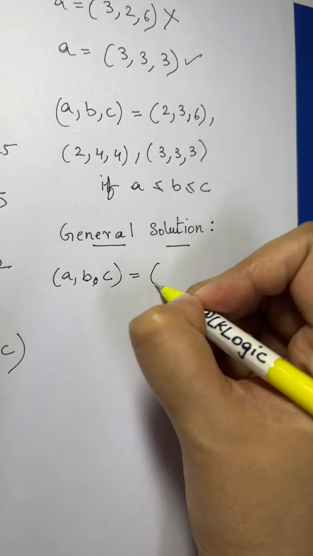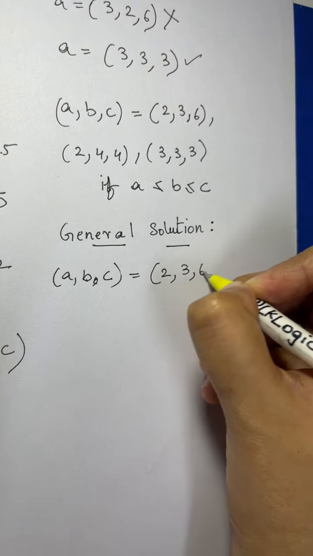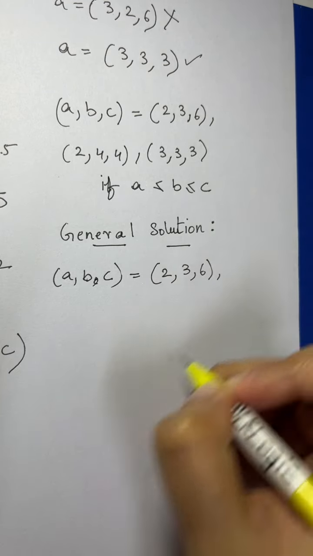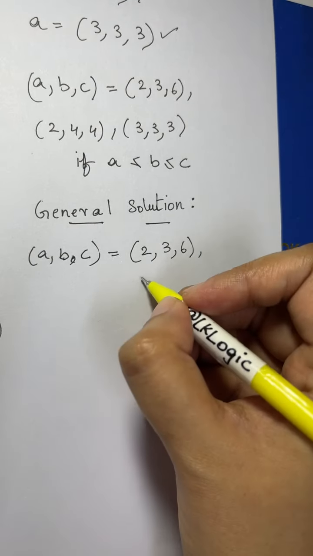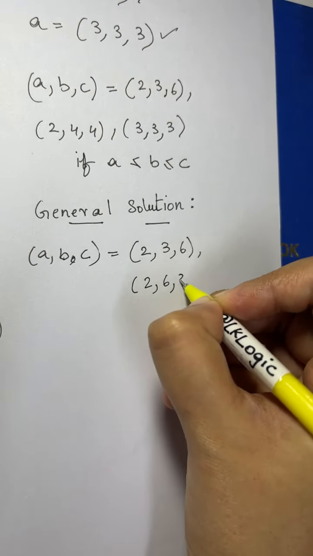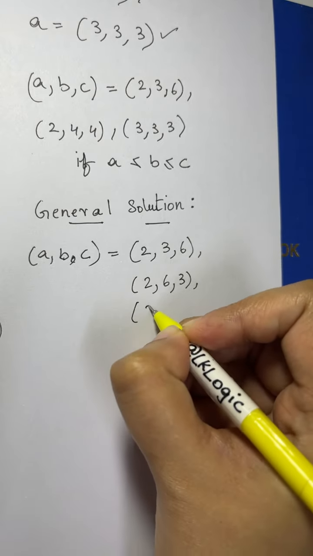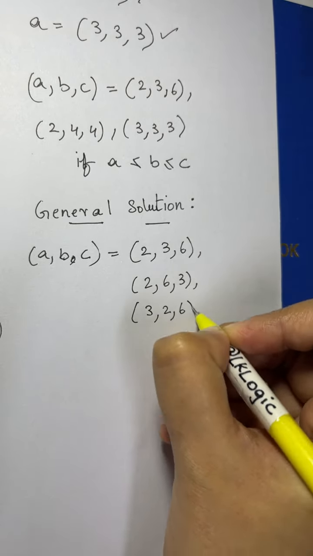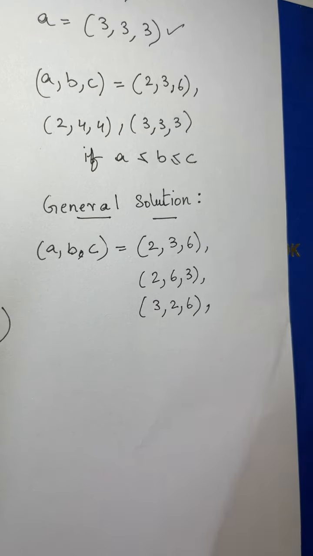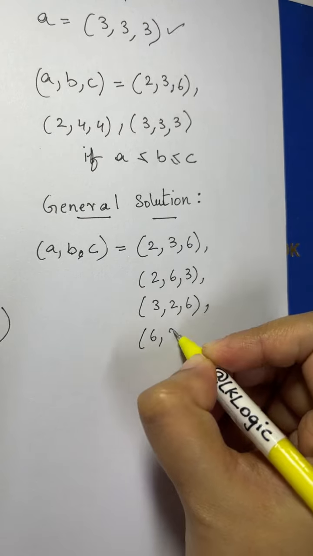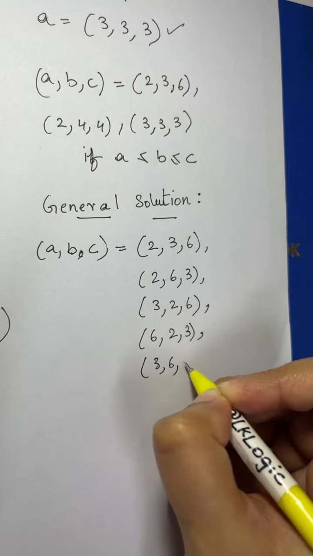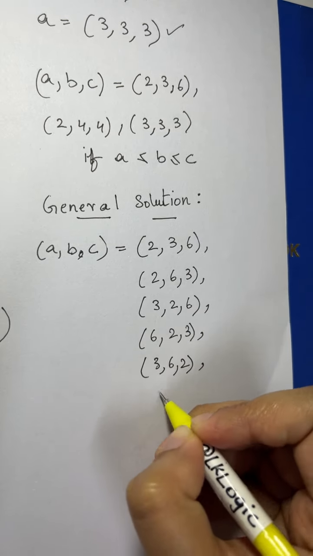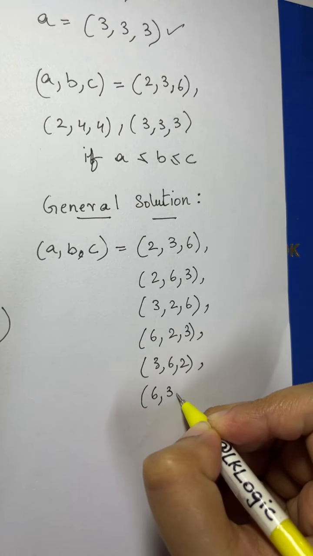You can have a pairing of 2, 3, 6. Then 2, 6, 3. Then 3, 2, 6. Then 6, 2, 3. Then 3, 6, 2. Then 6, 3, 2.